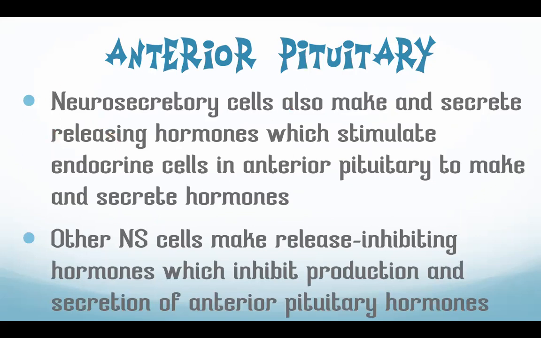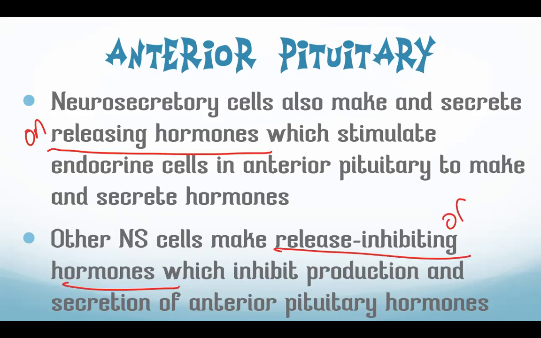They're going to release releasing hormones or release inhibiting hormones. This is basically the on-off switch to the anterior pituitary. But remember, the anterior pituitary is releasing hormones that are going to tell other endocrine glands which hormones to release. That's why I said the endocrine system can be complicated.